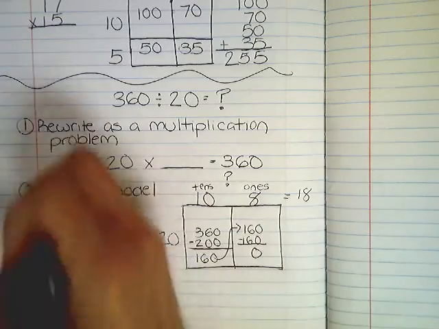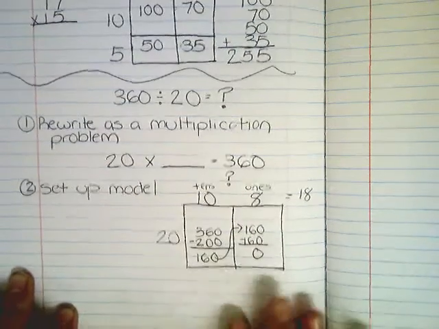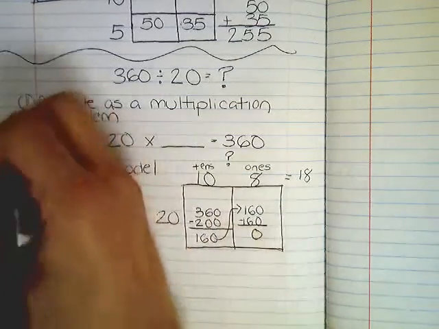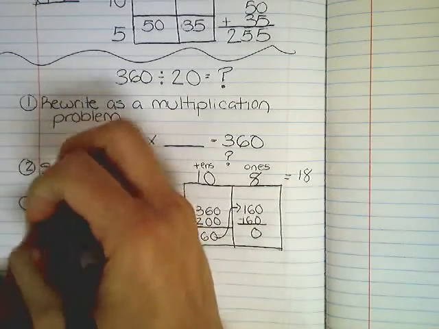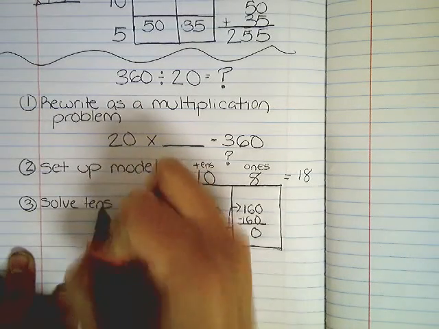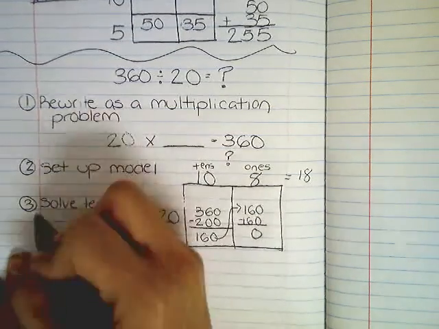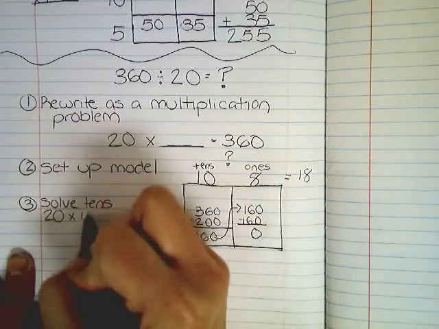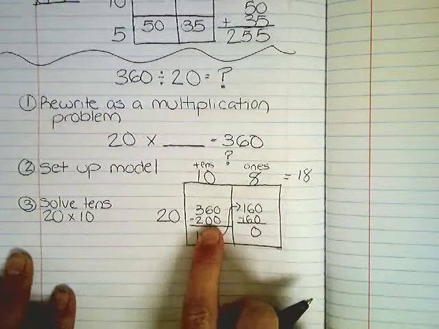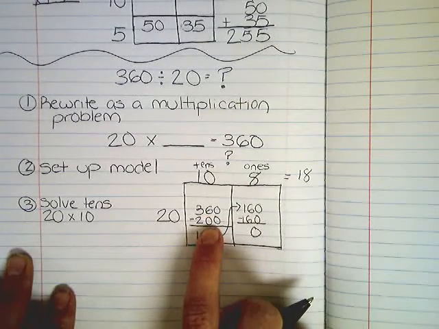Let's go ahead and finish up our notes. After we set up the model, you had to solve the tens. That's where we wrote 20 times 10. And we found that the closest we could get to 360 was 200.